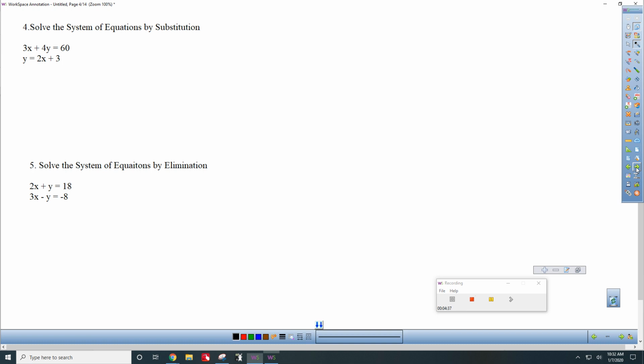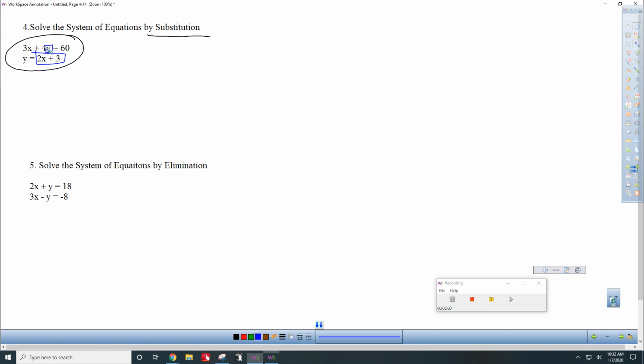On the number 4, solve the system of equations. So this is a system of equations using substitution. I think the thing that they want us to substitute is to put in 2x plus 3 anywhere I see y.